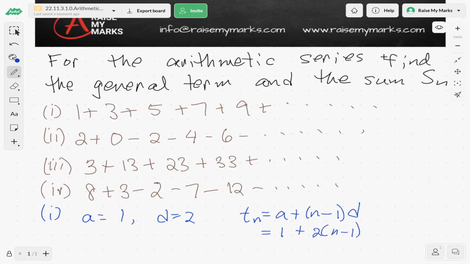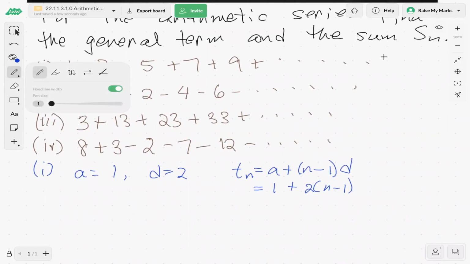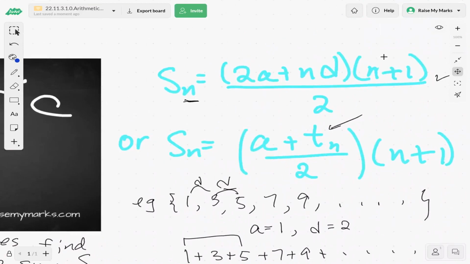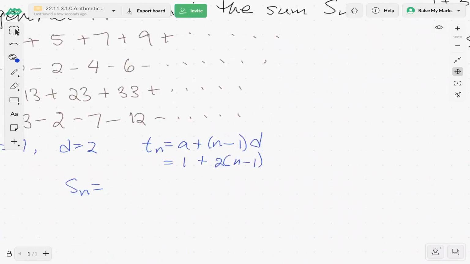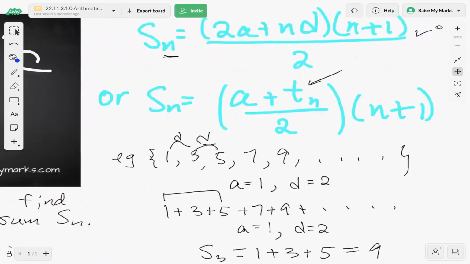Okay, great. So now we want to find the sum Sn. Sn equals, let's go back up and see what it equals: (2a plus (n minus 1)d) times n over 2. I like to check just in case.